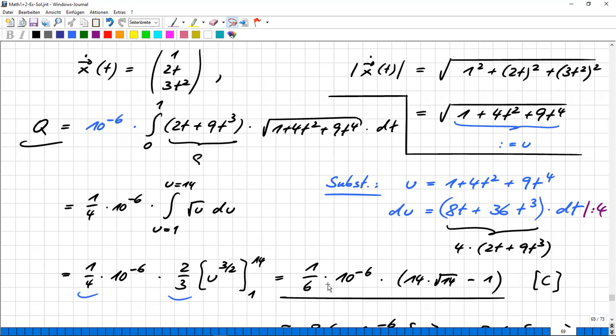That's it, times micro, so times 1 millionth, and then times, now inserting our values, 14 for u. Now look, it's not really that easy. If you don't use a calculator, you just put it in the most pretty analytical form. So we get u to the power 3/2, which means 14 to the power 3/2.